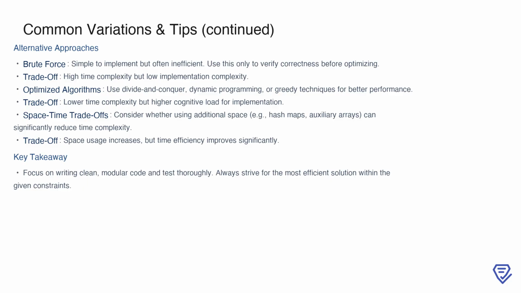Space-time trade-offs are also worth considering. For example, using additional space, like hash maps or auxiliary arrays, might significantly reduce time complexity. The trade-off, of course, is increased space usage. The key takeaway is to focus on writing clean, modular code and testing it thoroughly. Always aim for the most efficient solution that stays within the given constraints, balancing time and space as needed.